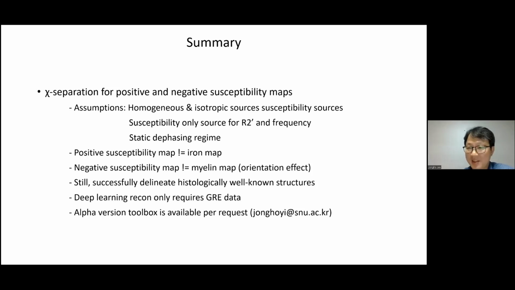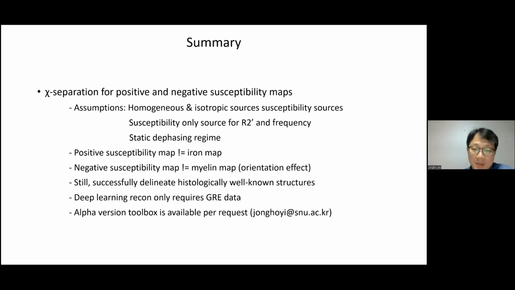By the way, this is something that I learned from a lot of people, and that's this kind of labeling has to be very cautious. So I try to stay with the positive susceptibility map, and it can be, what's the right word for it? It can be just a biomarker of the iron. That's imaging biomarker of the iron.